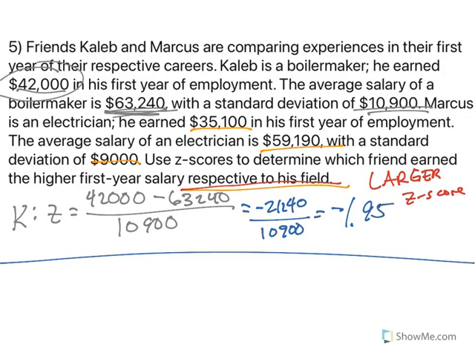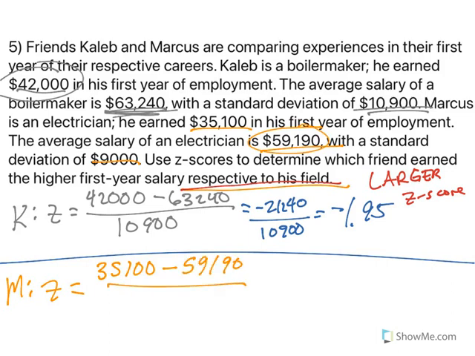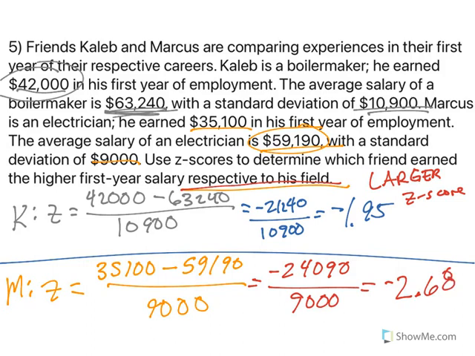Then I move on to Marcus. Again, I'm finding a z-score. So how much is Marcus earning? 35,100 minus the average of 59,190 and divide by the standard deviation of 9,000. Again, I subtract in the numerator. I get negative 24,090 divided by 9,000, which gives me a z-score of negative 2.68.